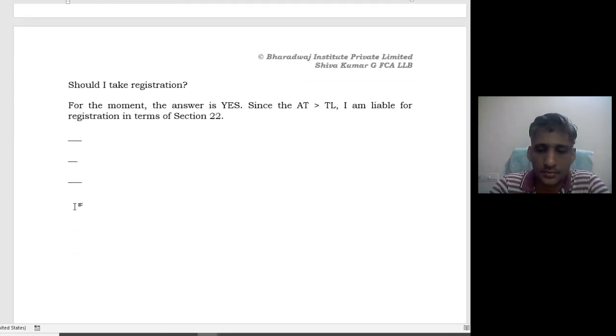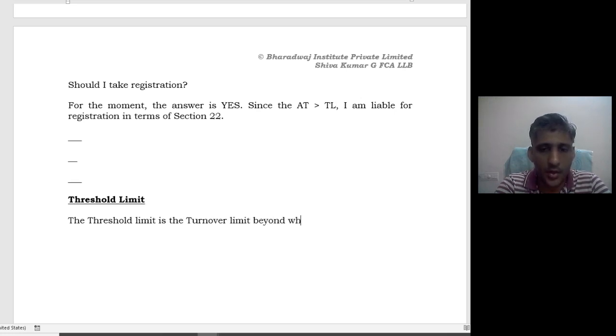Okay. Now, what is the threshold limit? The threshold limit is the turnover limit beyond which the person is liable to take registration.